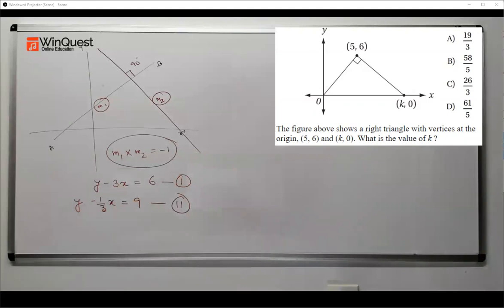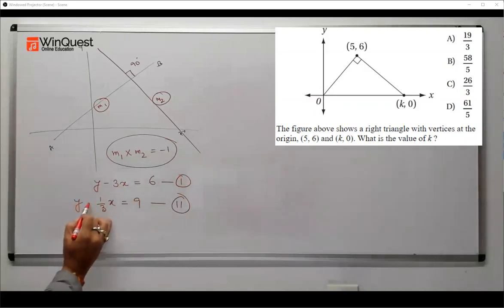Why are they perpendicular lines? We have to discuss that. Let me correct this a little bit.